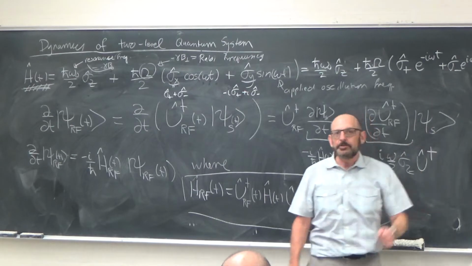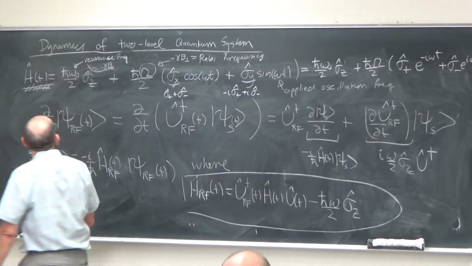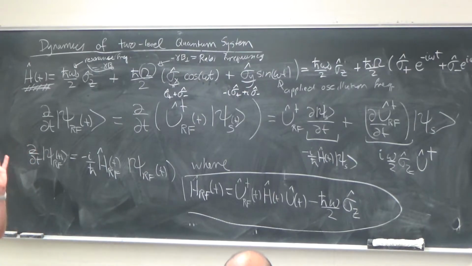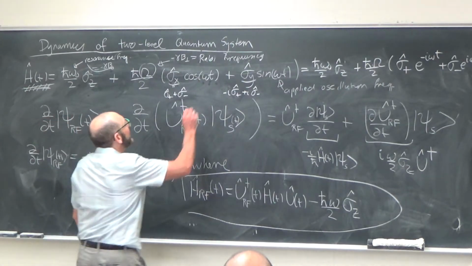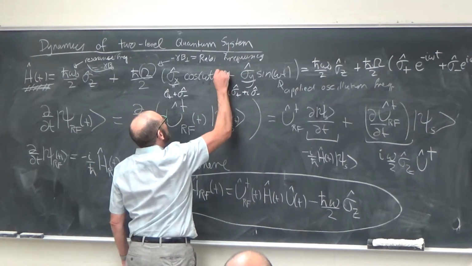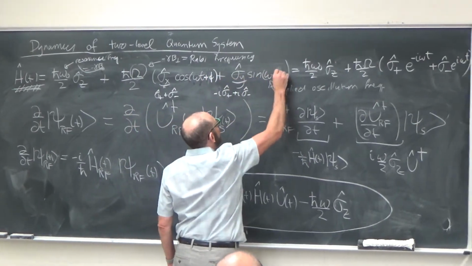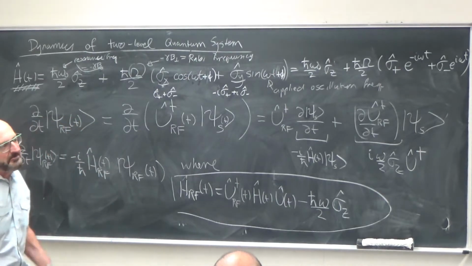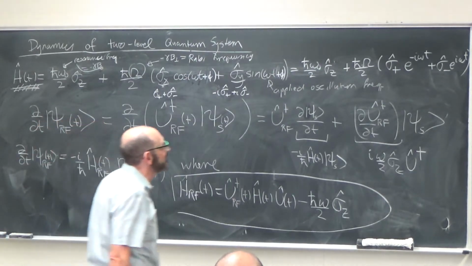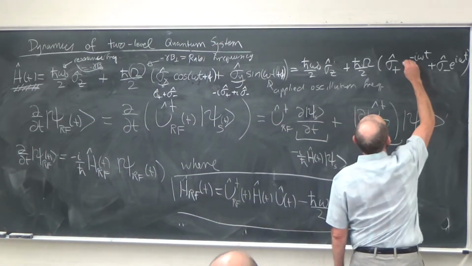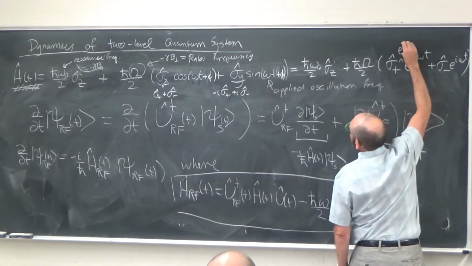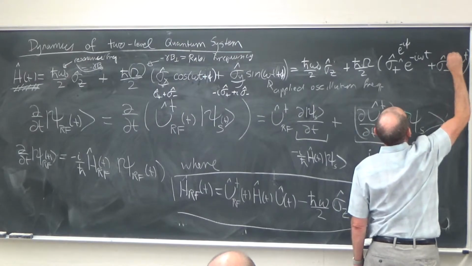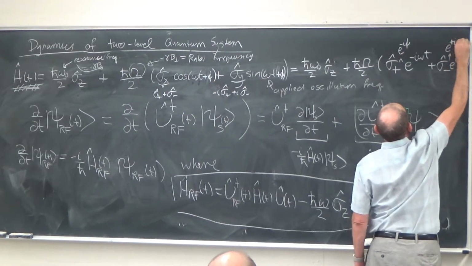And there's a term that goes like e to the plus i omega t. Now I just realized that I wanted to make this slightly more general. So I'm going to make you mad and erase this. I'm going to allow this to have an arbitrary phase, so the phase doesn't have to be 0. So there's going to be over here an e to the minus i phi, and over here an e to the plus i phi.